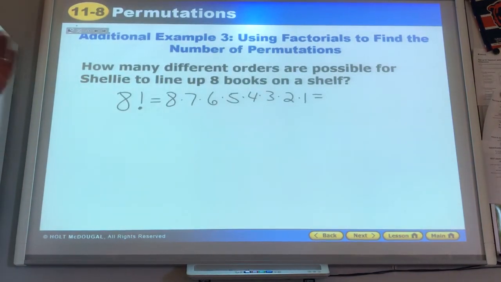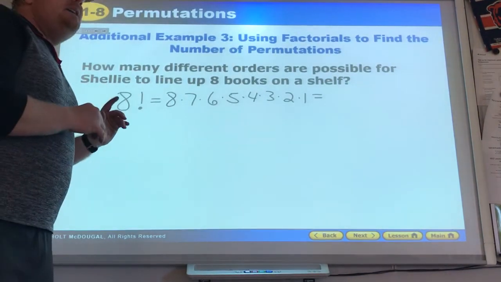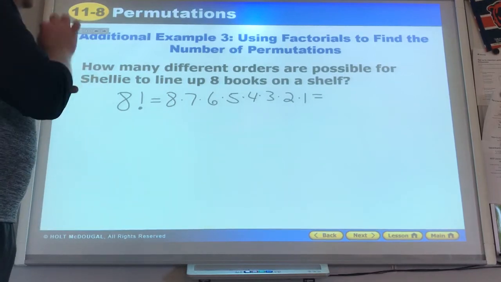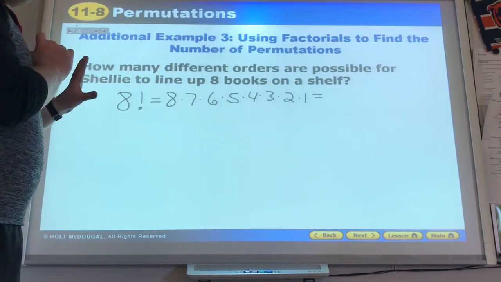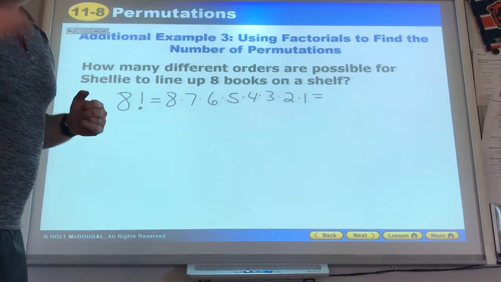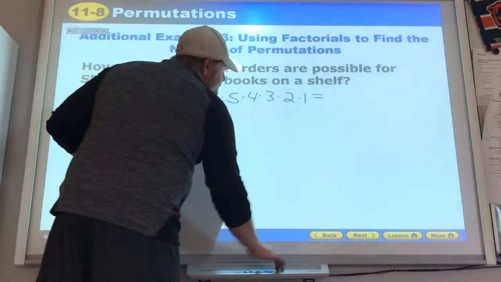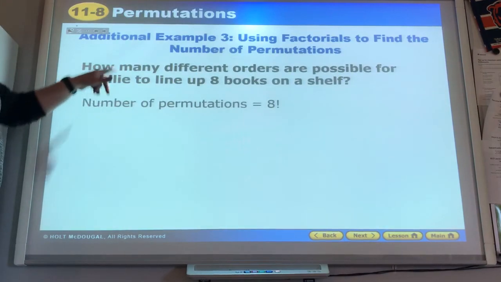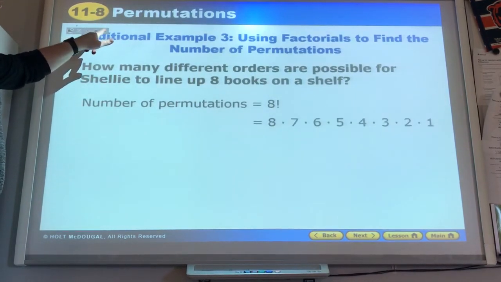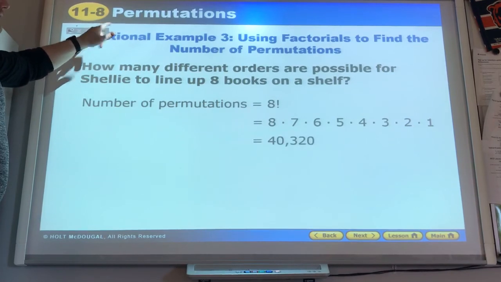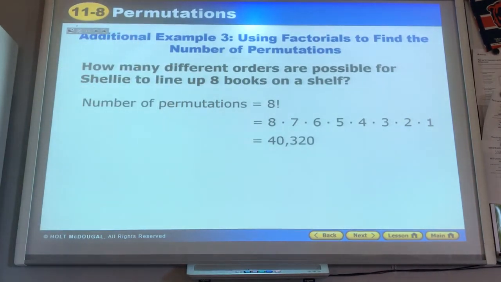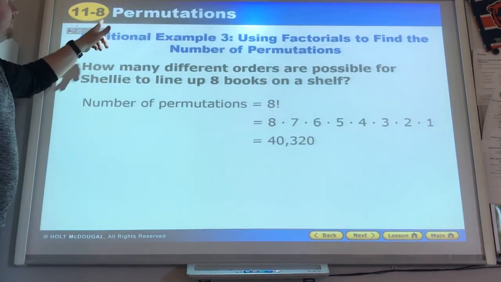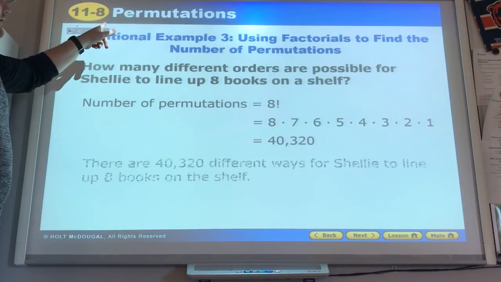That's where if you turn your calculator sideways, I would put in 8 and look for the button that has the X with the exclamation point behind it, and that'll do the factorial for me. Number of permutations, 8 factorial, and we multiply that out, 40,320 different permutations.